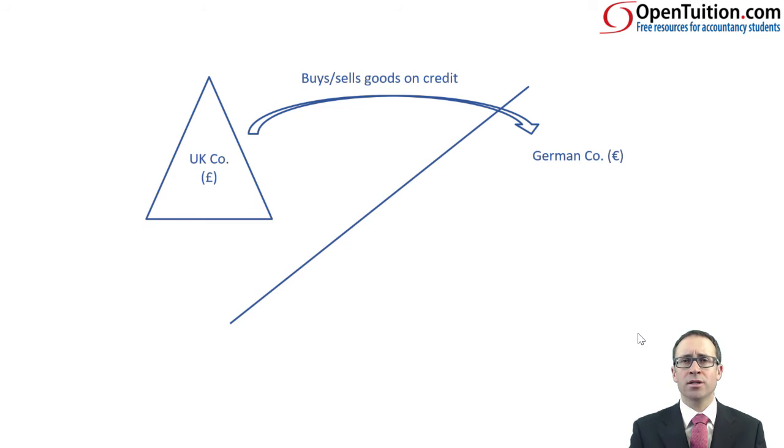If they have a credit purchase, they need to record that credit purchase by debiting purchases and crediting payables. But we need to translate the euros into pound sterling so that we can then record the monetary value of the transaction. We then need to think about, well, we've initially recorded the transaction.